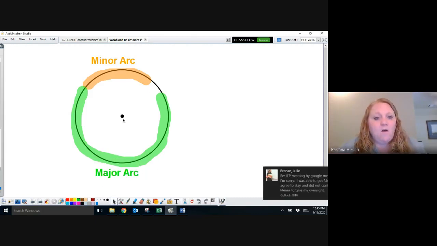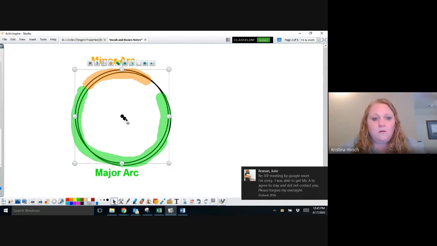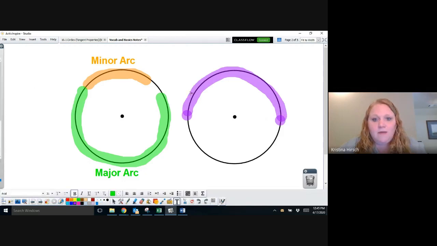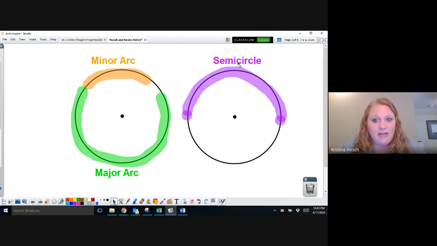Now a semicircle is exactly 180. If this is half and half, then this right here would be a semicircle because it's exactly 180 degrees. It's half of my circle. So semicircle, exactly half, which makes it 180 degrees. Minor arc, less than half, so less than 180 degrees. Major arc, more than half, so more than 180 degrees.